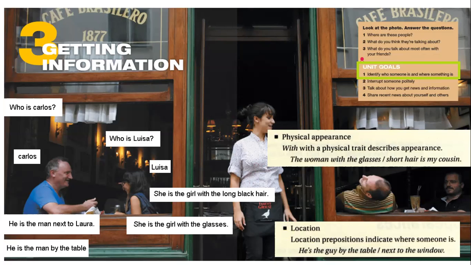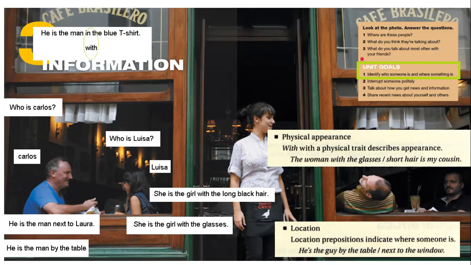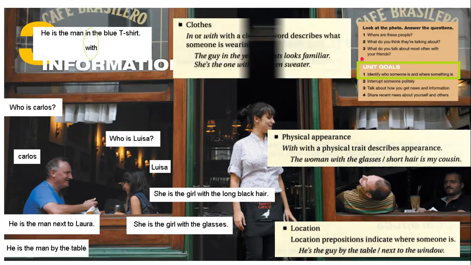Now, look at more examples about this. Talking about Carlos, if I want to talk about Carlos' clothes, you can say he's the man in the blue t-shirt or with the blue t-shirt. In other words, to talk about clothes, you can use in or with to describe what someone is wearing. Who is Carlos?